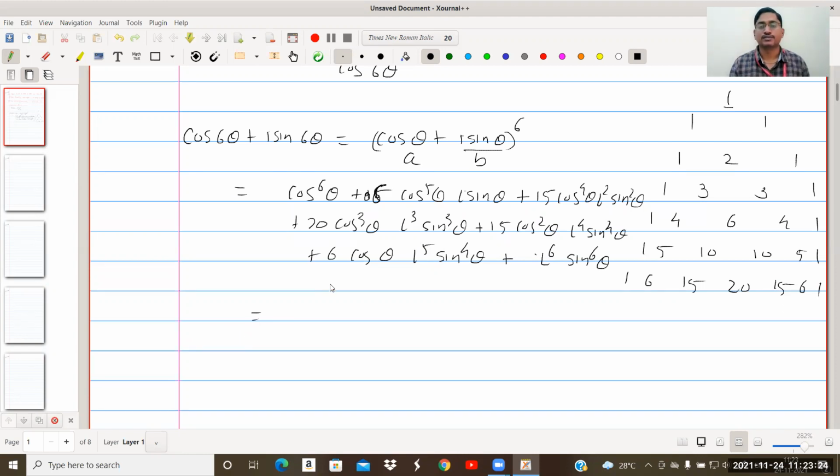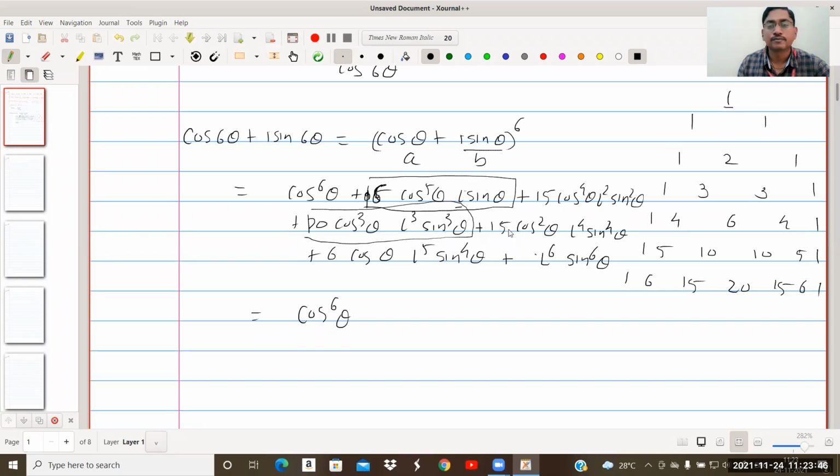Now in the next step, I am putting the values of i square as minus 1, i cube as minus i, and so on. And I'm just writing the real part and imaginary part separately. So cos raised to 6 theta is a real number. I'll just box those terms having odd powers of i.